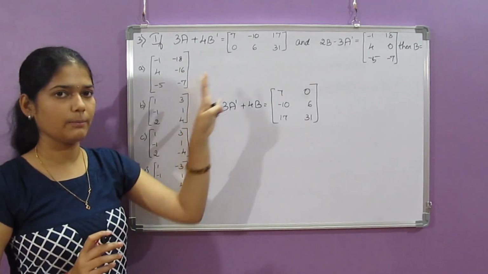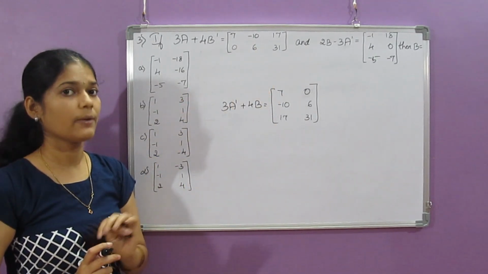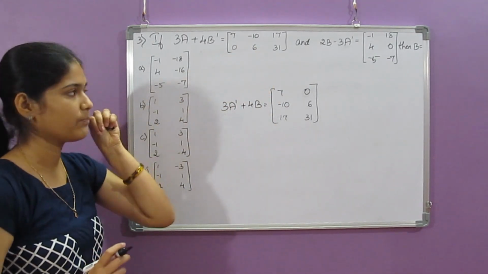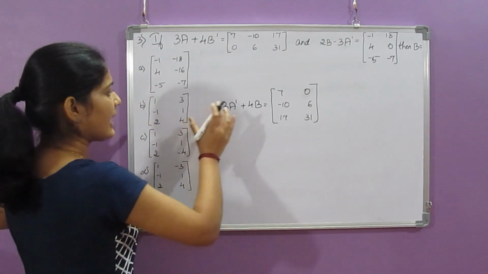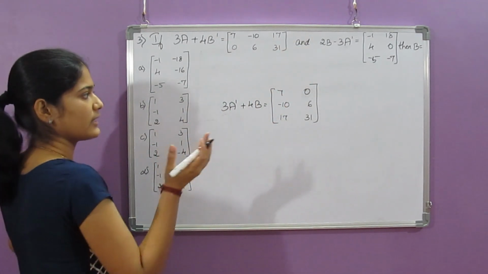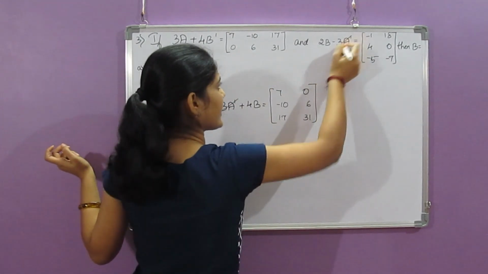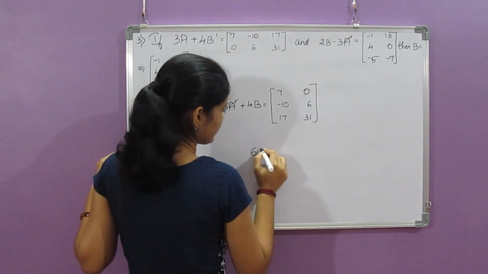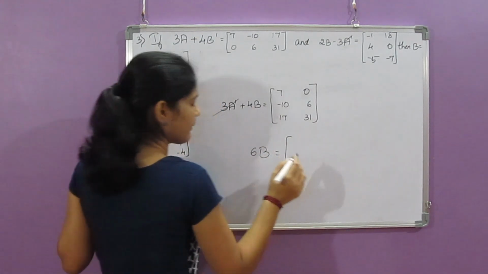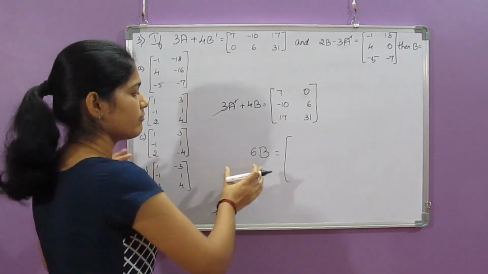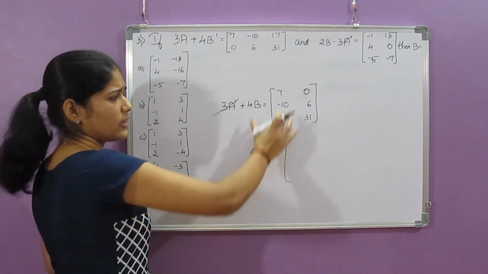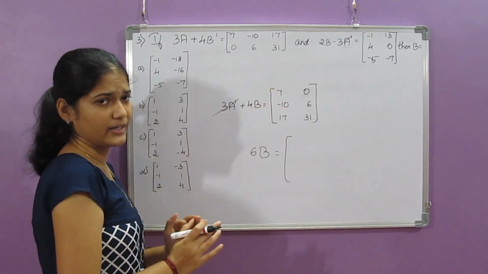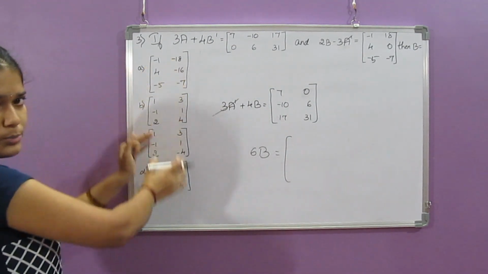So we got B in both the equations. Now we have to find B. For that, if we add these two equations, then clearly 3A dash and 3A dash get cancelled, right? What will we get? 6B is equal to the matrix which we get by adding. To find the 6B, we need not add all the entries of the matrix. We have to go back to the options.